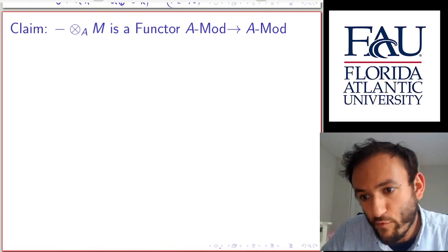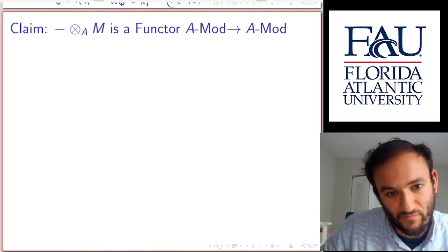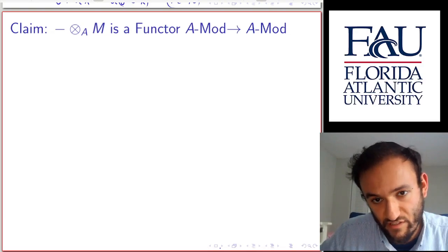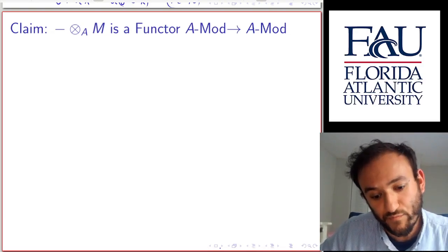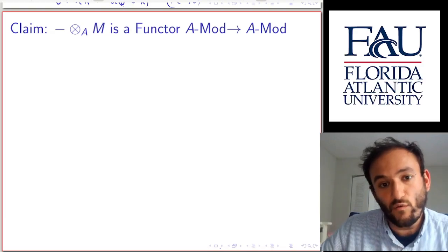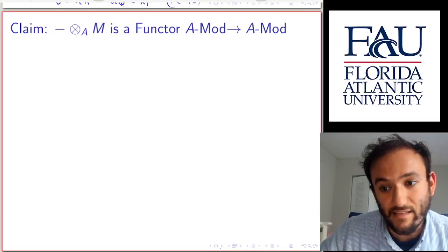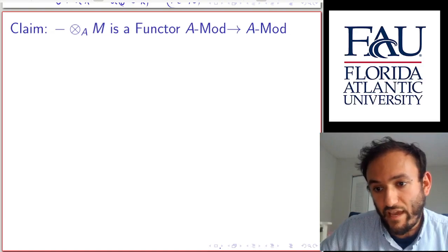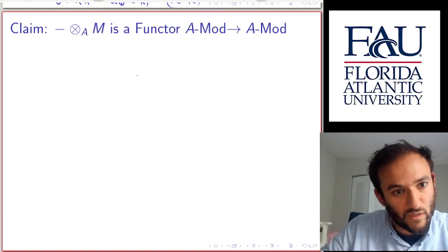Okay, and now we move to functor land. Okay, so you'll recall from previous talks that we have A modules as a category, with A module homomorphisms as morphisms of the category.